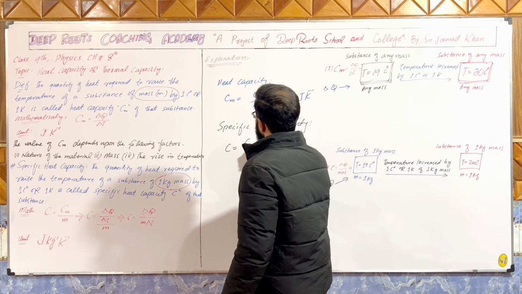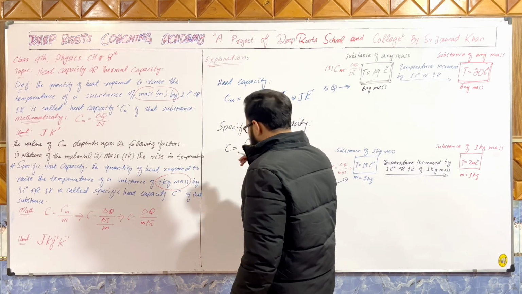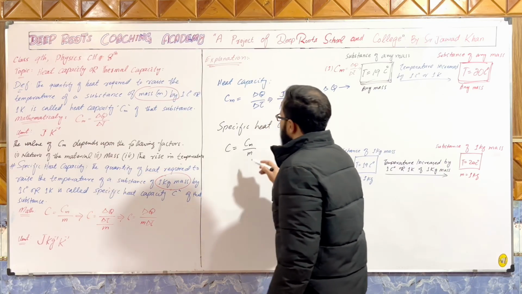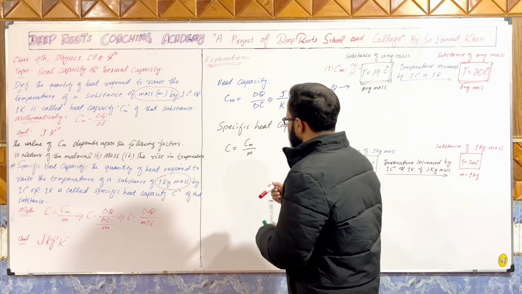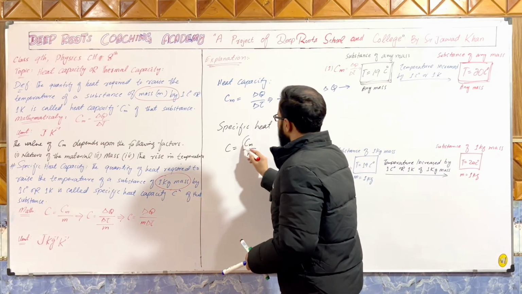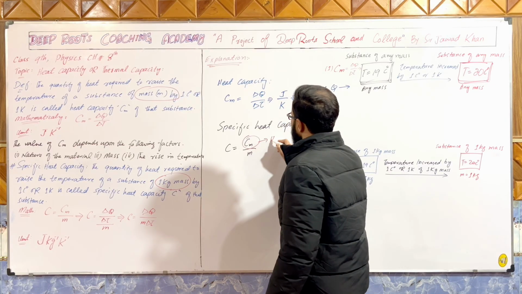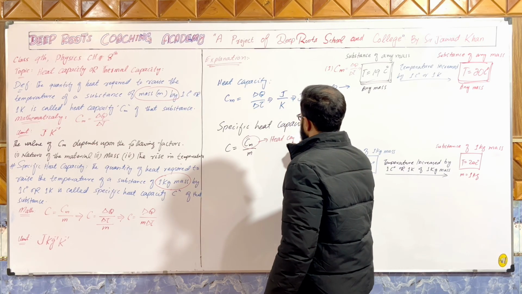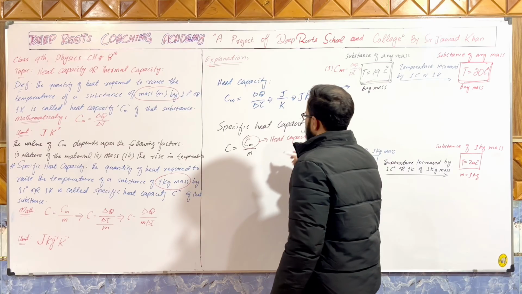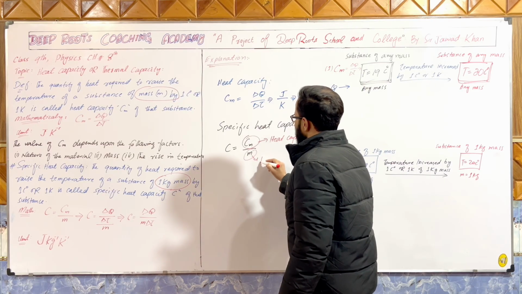Specific heat capacity is represented by C, and is given by Cm over M. Here, this Cm is the simple heat capacity, and this is 1 kg mass.